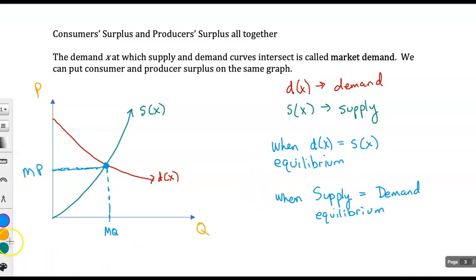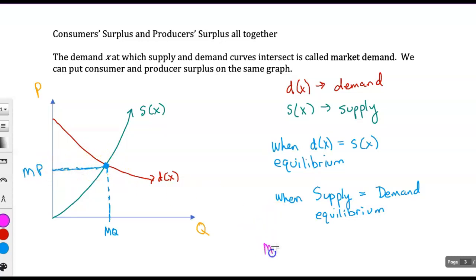All right, so now if you look at this picture, at equilibrium, we still have, let me change colors here, we still have producer and consumer surplus, because here is the demand curve, okay, and here is what they're being asked to pay.